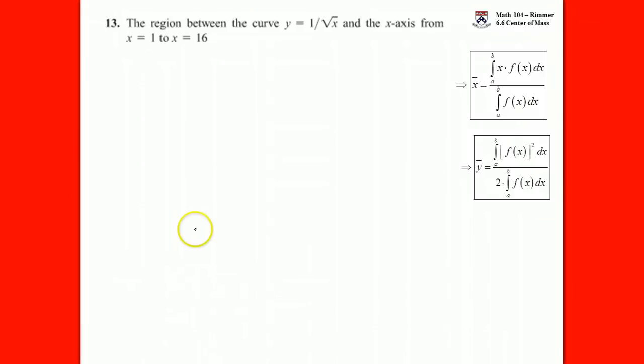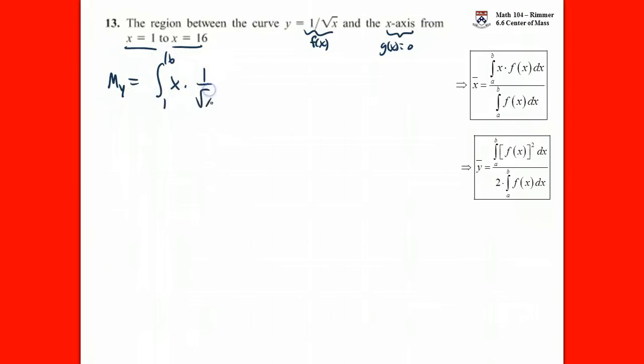So we have this function is f of x, and it's basically that g of x is 0. And so we're going from 1 to 16. There's m sub y, which is 1 to 16, x times f of x.